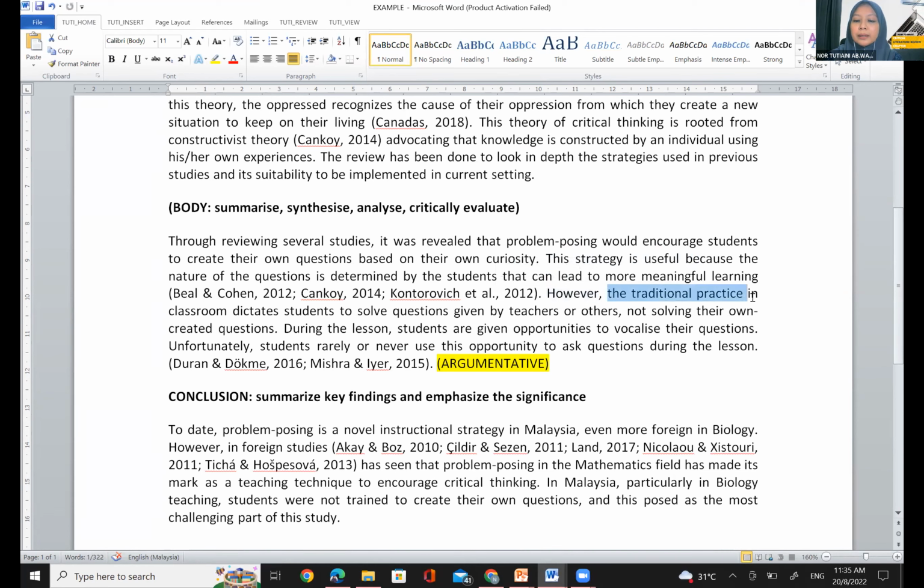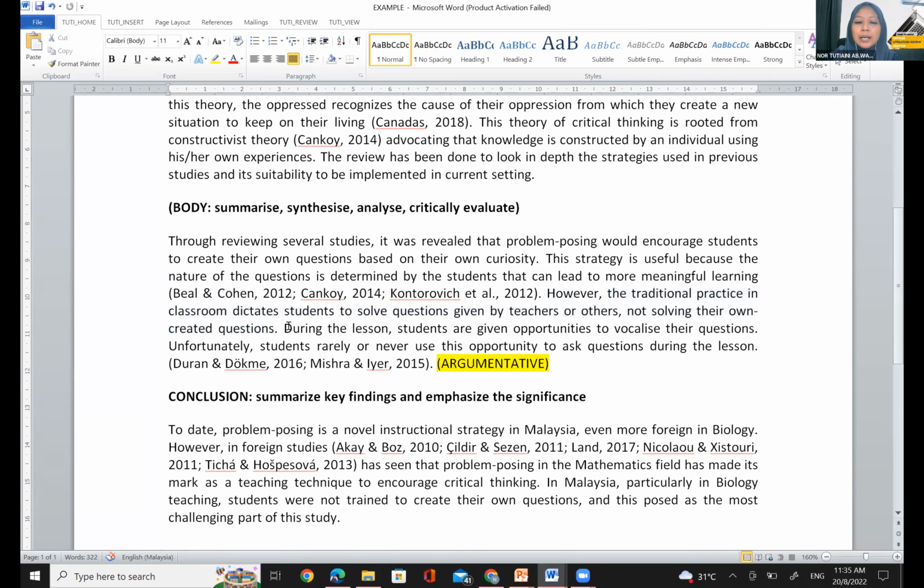The traditional practice in classroom dictates students to solve questions given by teachers or others, not solving their own created question. Strategi ni memang berguna, tapi kita punya praktis dalam classroom masih lagi fokus kepada student kena selesaikan question yang diberikan oleh teacher dia. Maksudnya kita tak membudayakan student kena buat their own question and then solve their own question.